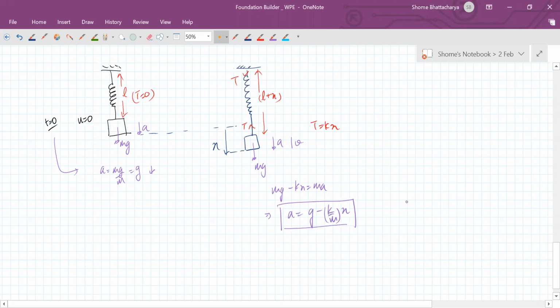So acceleration will be 10 minus 50 by 10 into x, or 10 minus 5x.